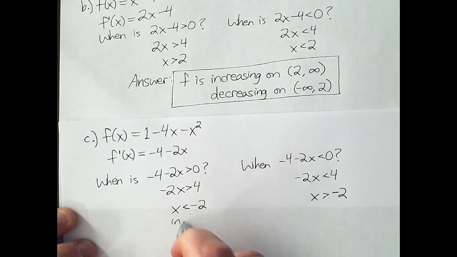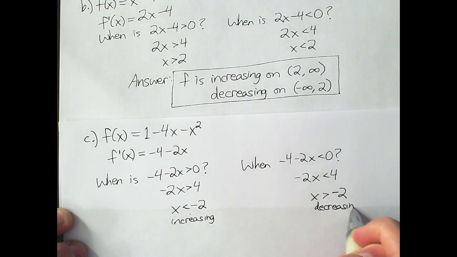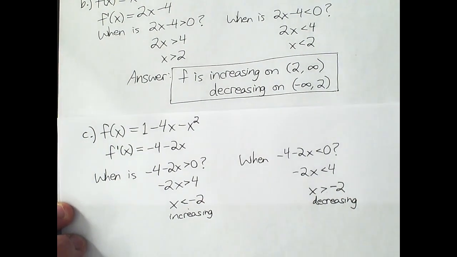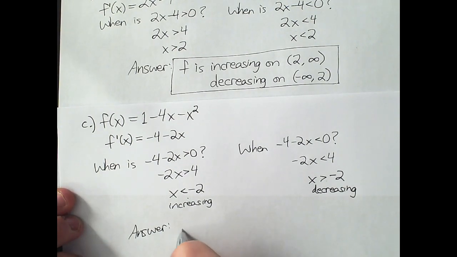Remember, this is where the function is increasing, and this is where the function is decreasing. But don't just leave your answer like this. It said in the problem, it used the word intervals. That means you need to write your answer as intervals. So answer, I think that this function is increasing on the interval.